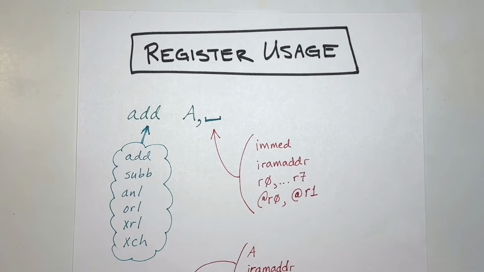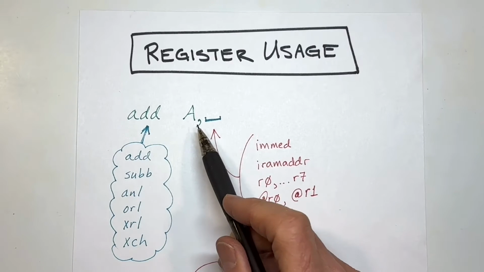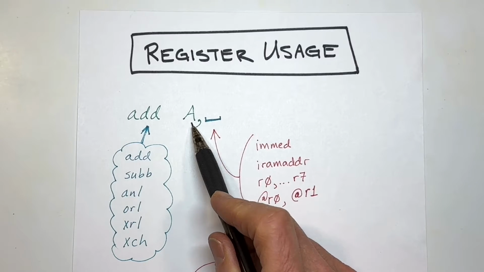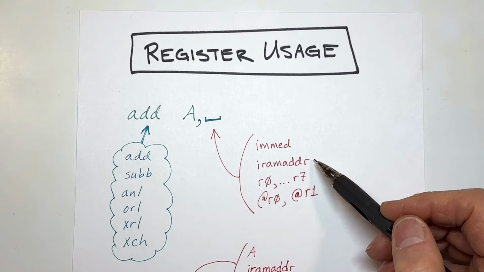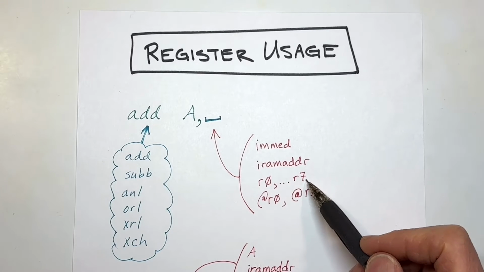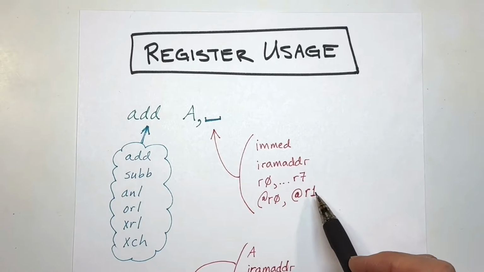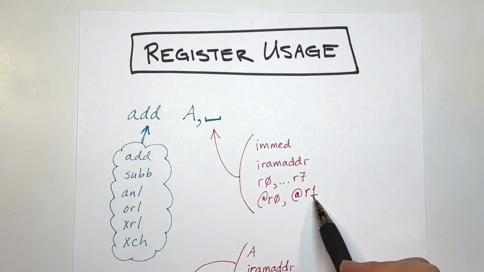To give you a feel for the instruction set, let's take a look at some examples, and we can start with the add instruction. It always takes A, and the second operand can be either an immediate value, a memory address, one of the 8 registers, or it can be an indirect addressing situation where the second operand is R0 or R1.